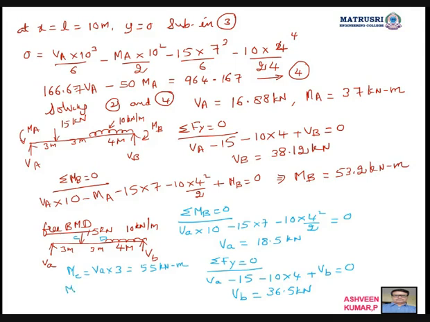Similarly, for MD, VA into 6 minus 15 into 3, I got 66 kilonewton meter. So I am drawing the bending moment diagram, as you can see here.